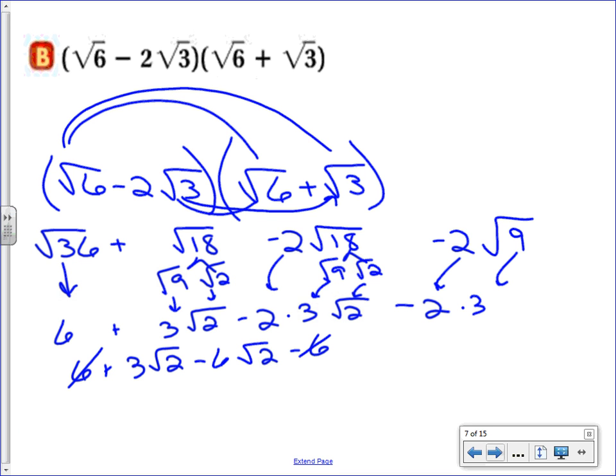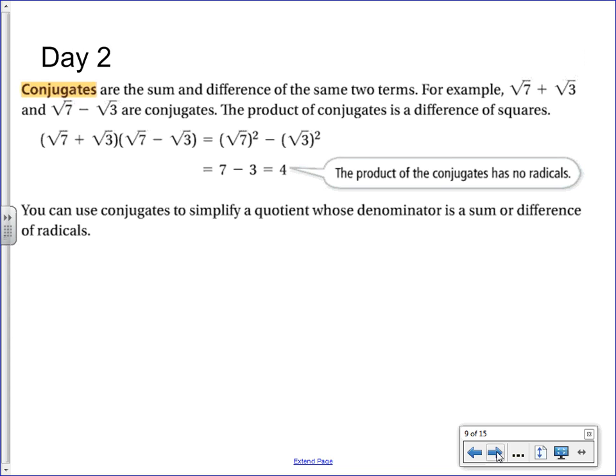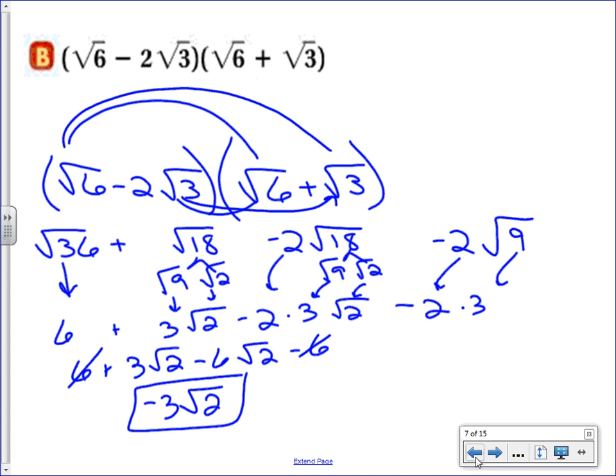Let's put together our radicals. If the inside numbers are the same, we can add or subtract them. So I see a 2 and a 2. That means we can subtract them. 3 minus 6 is negative 3 square root of 2. And that one's done. And that should be it for 10.3.